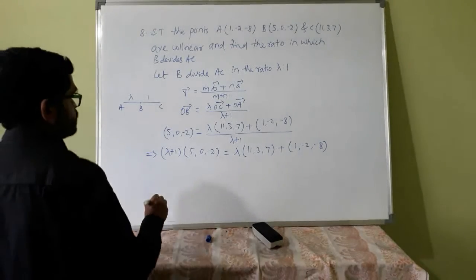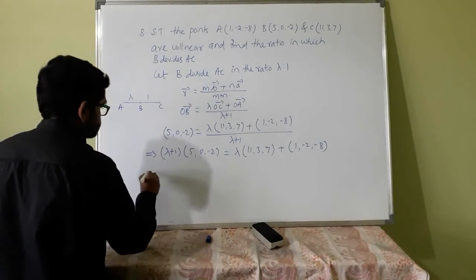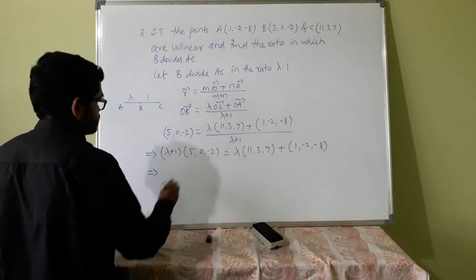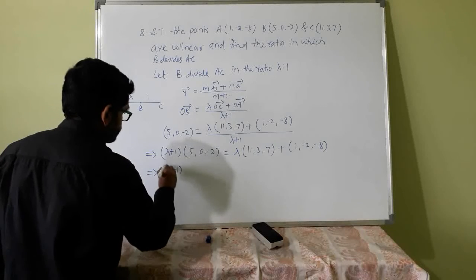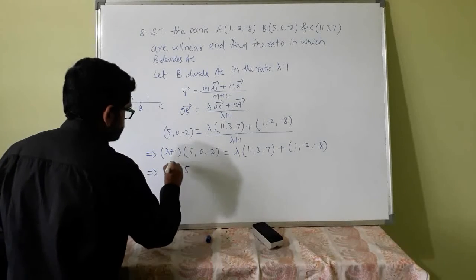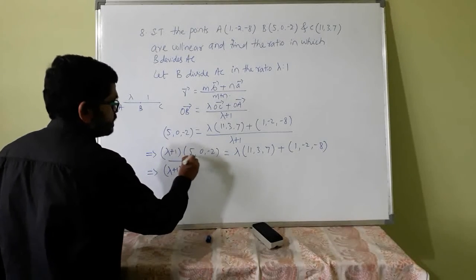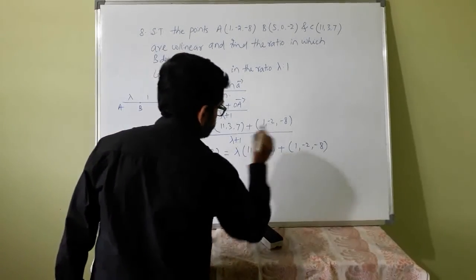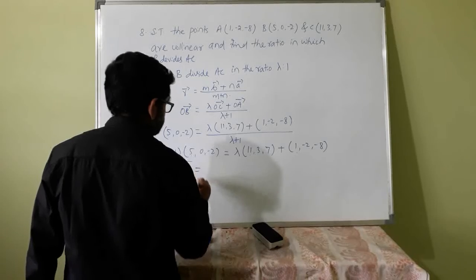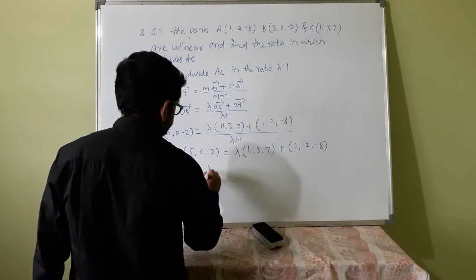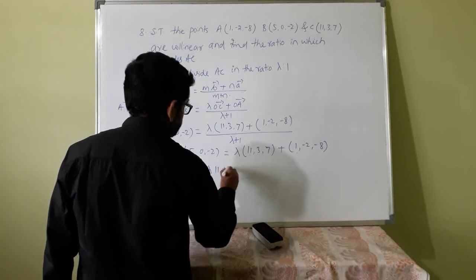Now this implies, see here, equating the similar terms, lambda plus 1 times 5. So this is for i.